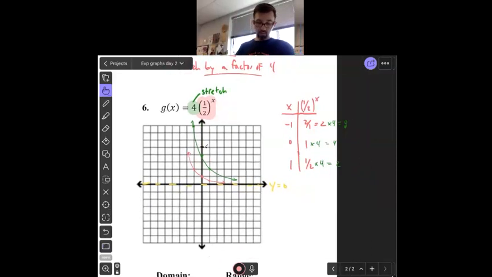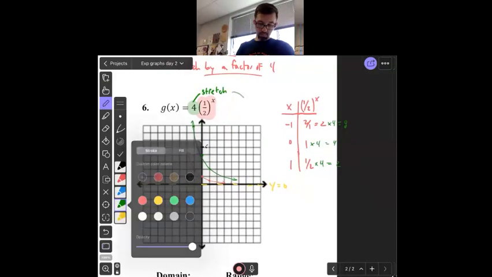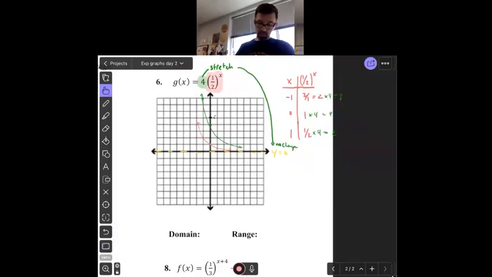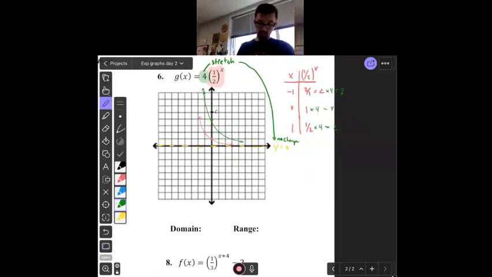So that will not change this. And it will also not change our range. Our range will still be 0 to infinity.